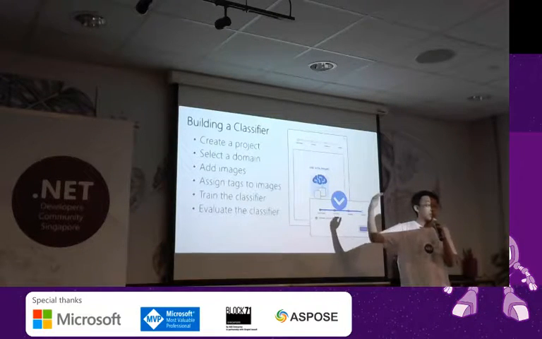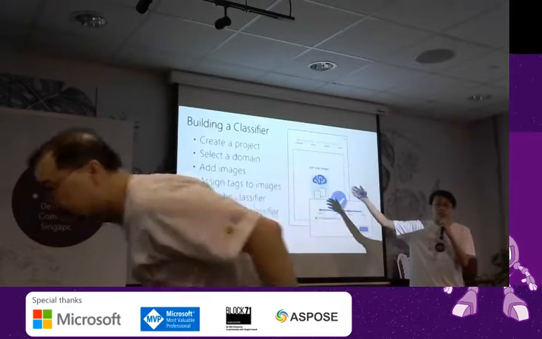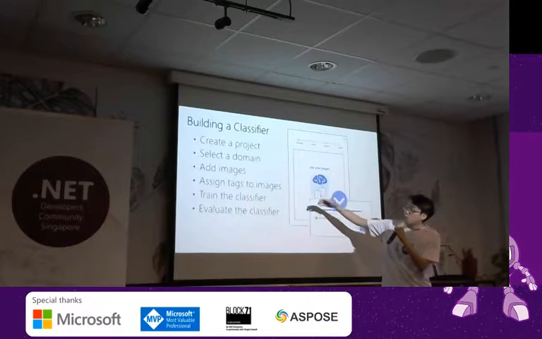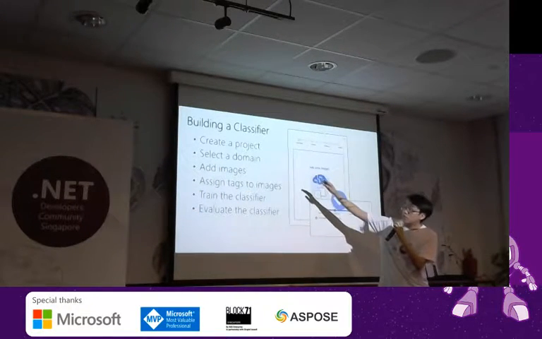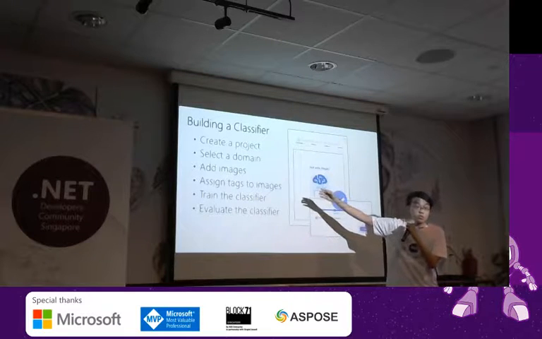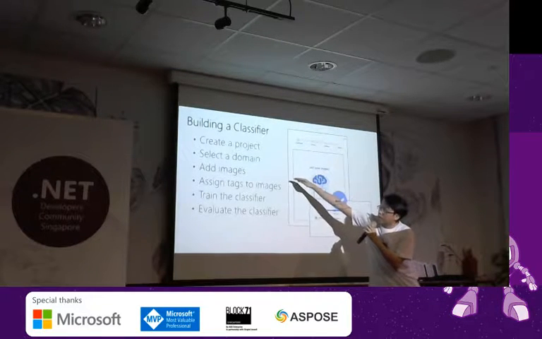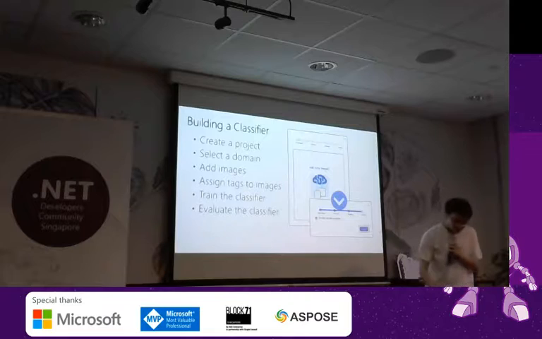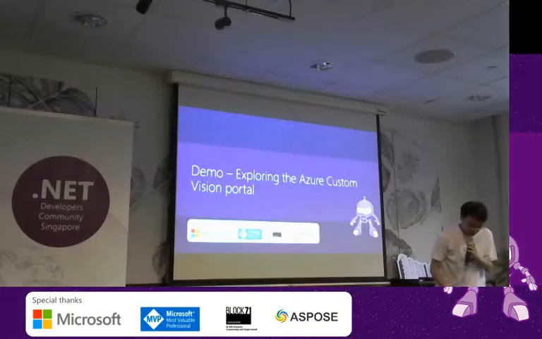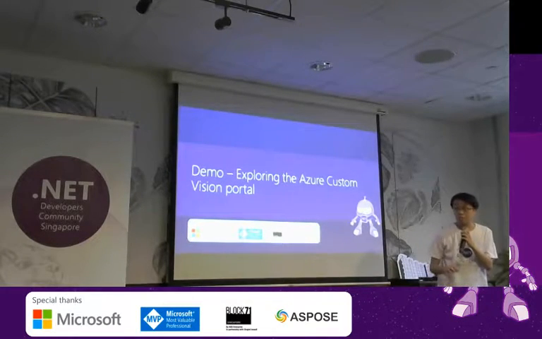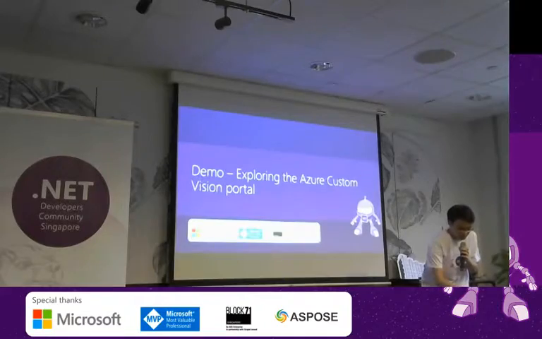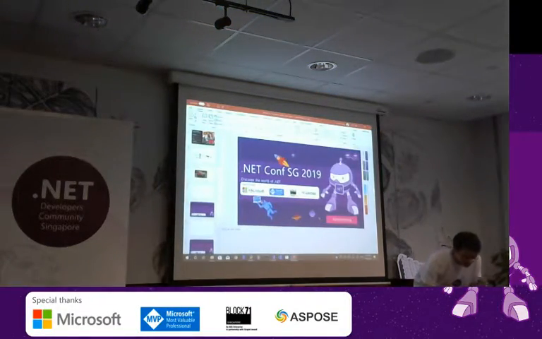These are the standard procedures. If you want to retrain, of course you can just add new images and do the steps again, from add images down to here. I go pretty quickly, it's only 6 minutes now.